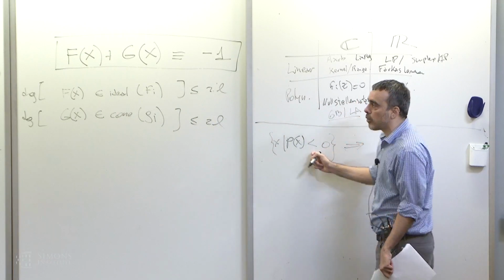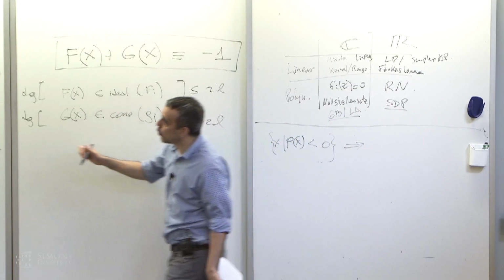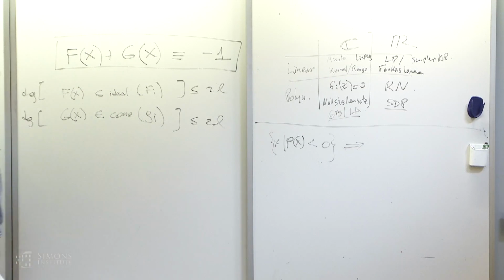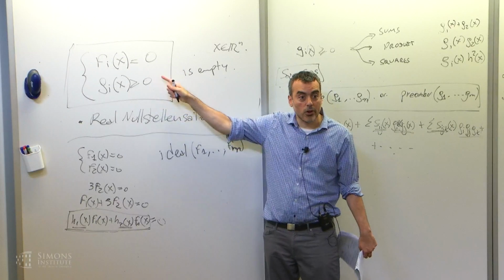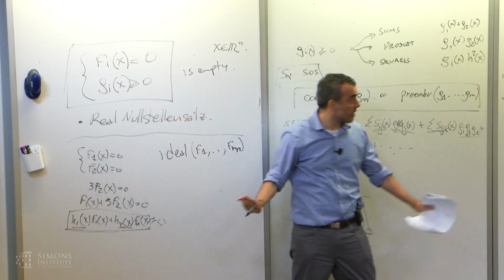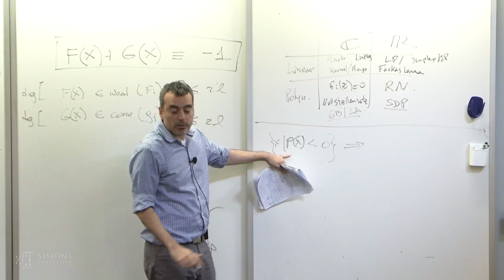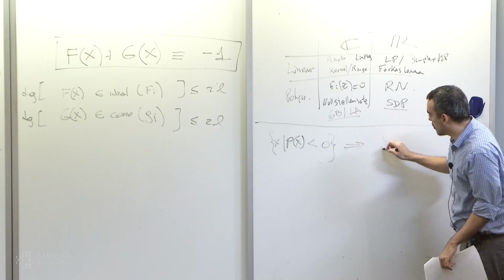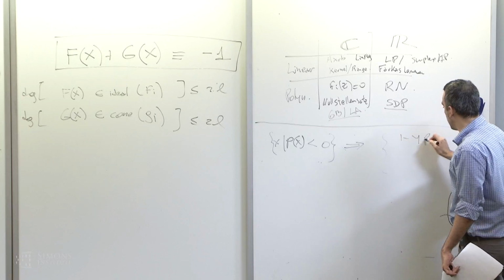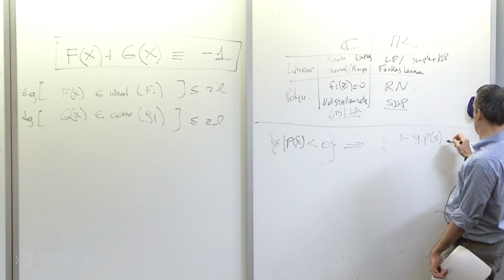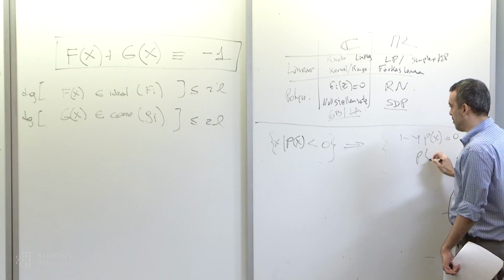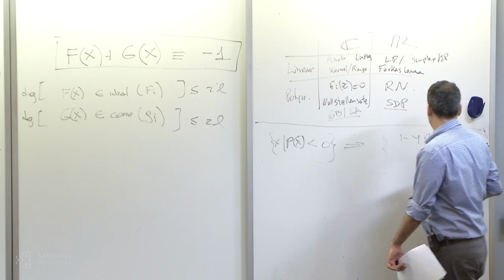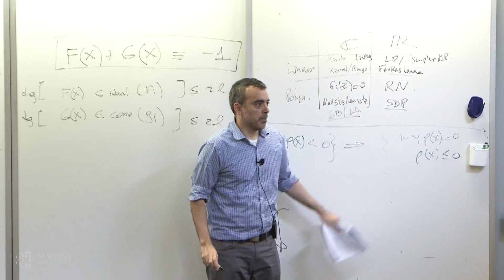In here I have strict inequalities. Strict inequalities are not quite of the form of the theorem that I wrote in here. By the way, there's a more general version of this where you allow for inequations or strict inequalities. Let me not do this. So how do you deal with this? An old algebraic geometry trick: you introduce a new variable y, and you write the equation 1 minus this is 0, and P less than or equal to 0.